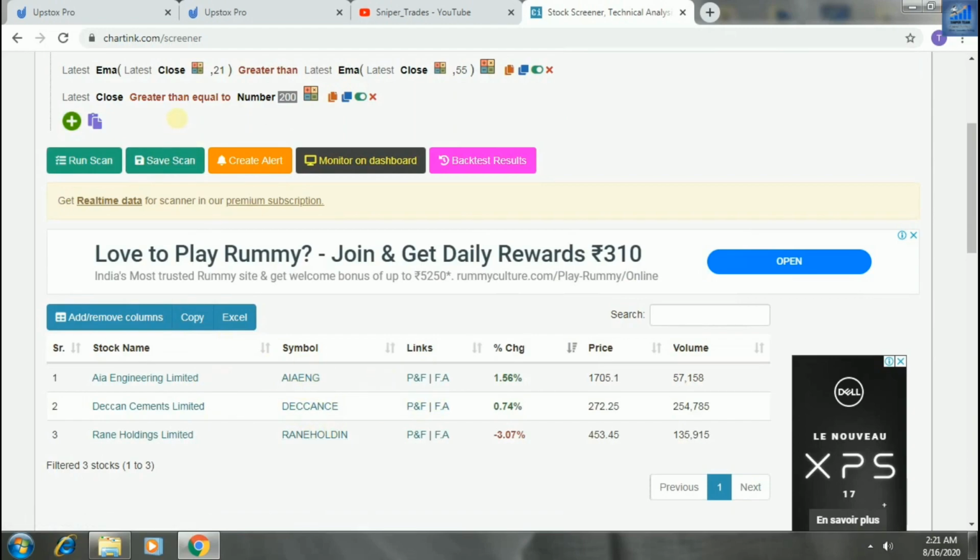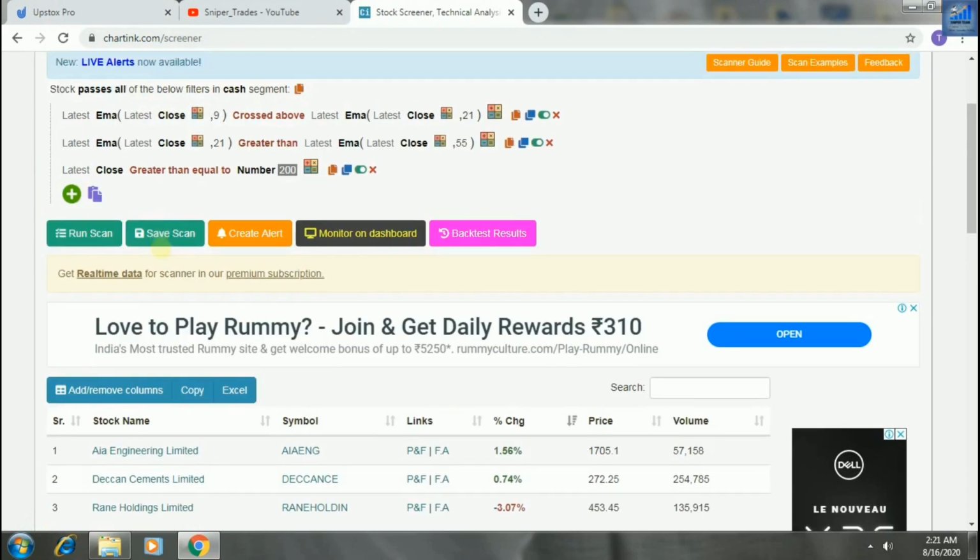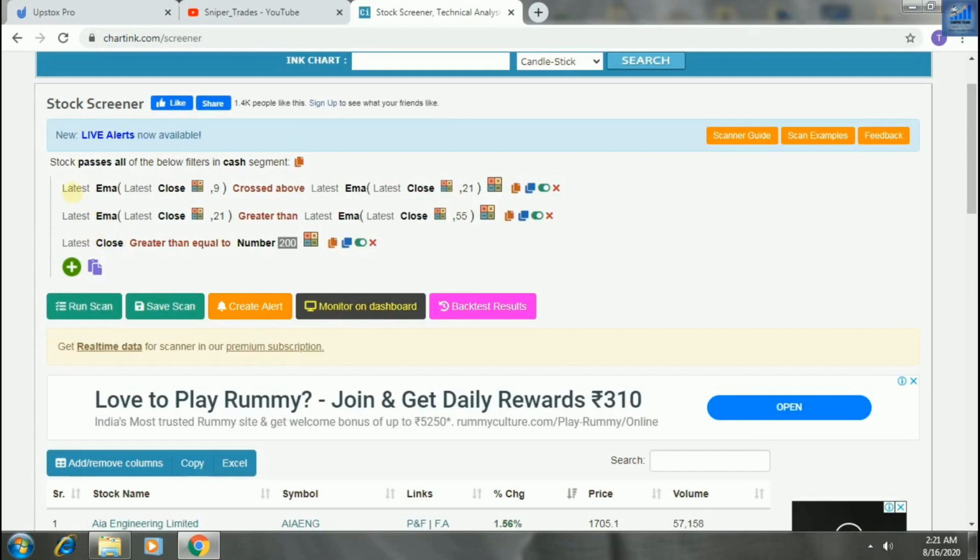So let's go to the chart and see how it works. One more thing here, see that it is saying latest. At all places it is stated latest, which means that the scan is performed in the daily time frame.